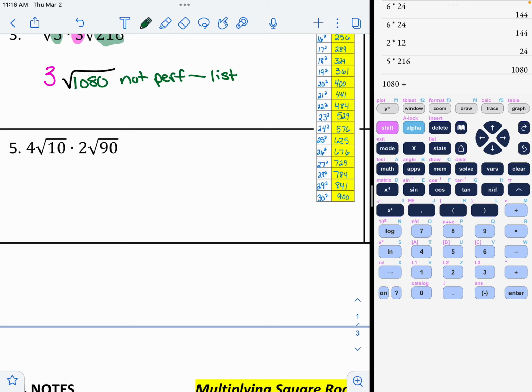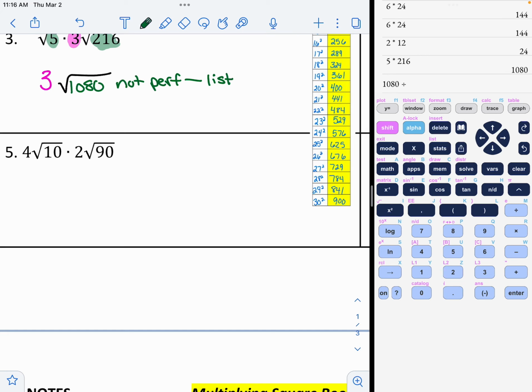I'm going to divide by, I'll start in like the 500. So I'll do 529. 1080 divided by 484. 1080 divided by 441. Whoa. 1080 divided by 400. 1080 divided by 361.